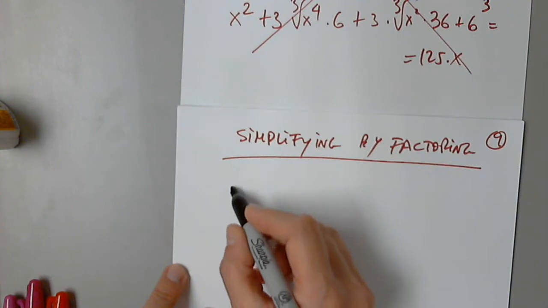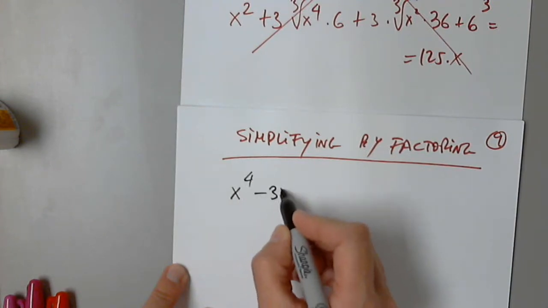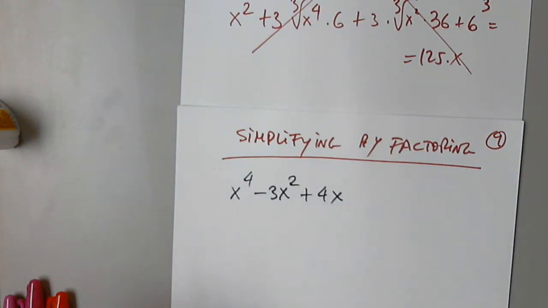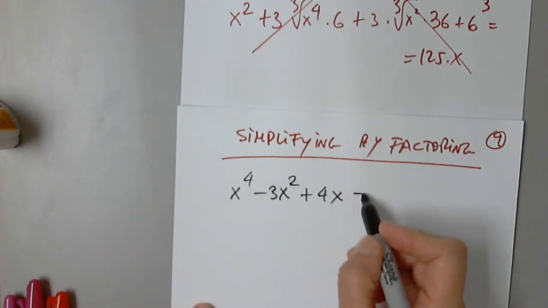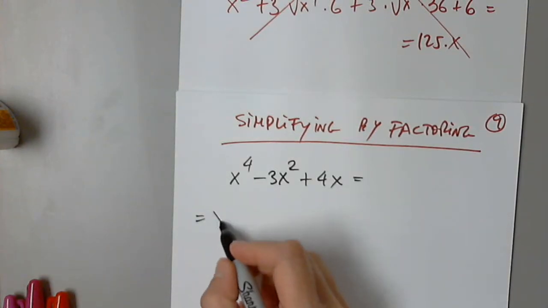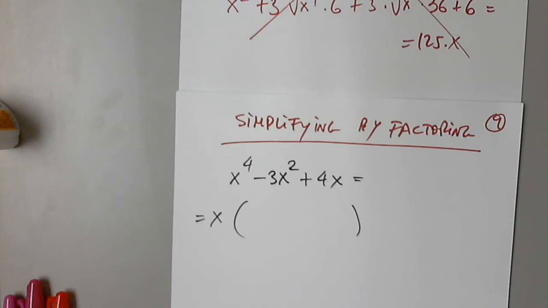Okay, so let's say I have x to the 4th minus 3x squared plus 4x. And I will ask you to find the greatest common factor, and I will pull it out. What will you say? Of course, you will say x. And now please pay attention to my explanation, because I'm going to use the same idea in a minute.